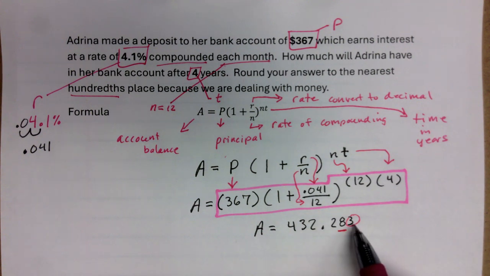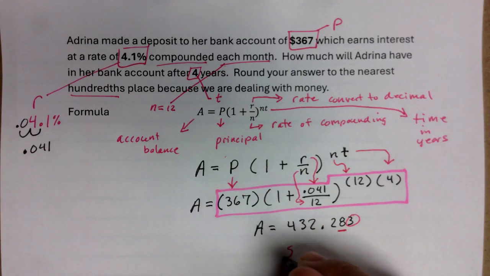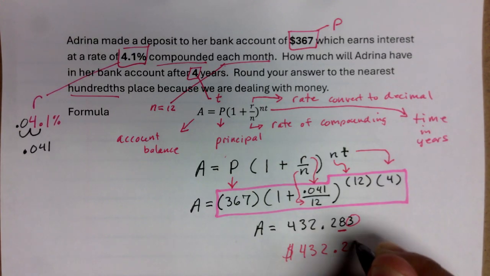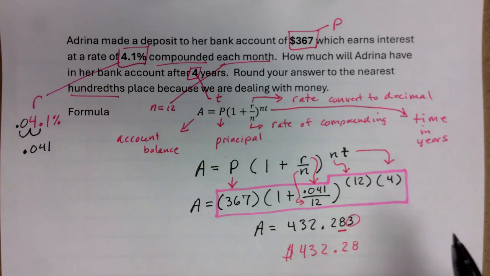And remember, the rule is 4 or less, let it rest, which means you don't change this number if the number at the end is 4 or less. But 5 or more, raise the score. In this case, it's 3, and 3 is less than 4. So our final answer will be $432.28. So after 4 years, with this interest rate, she's going to have $432.28 in her account.